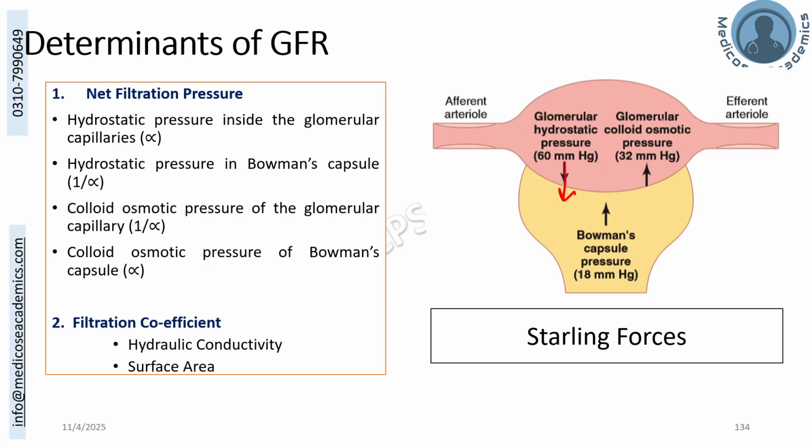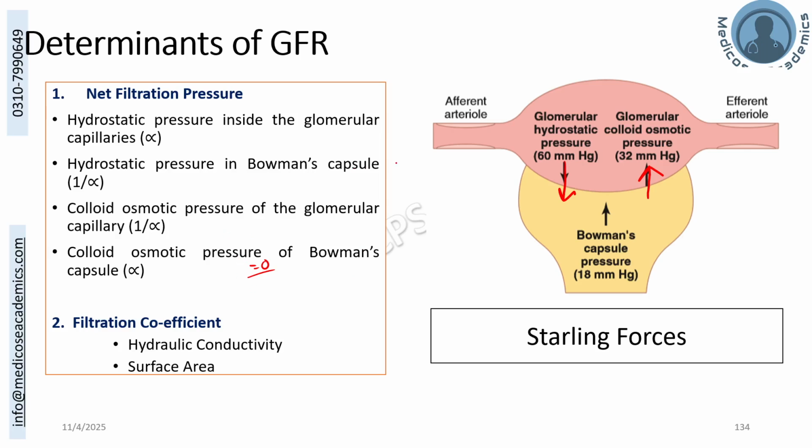Whereas the more the glomerular colloidosmotic pressure, the more it favors reabsorption, or you can say it inhibits filtration. In Bowman's capsule, normally the colloidosmotic pressure should be equal to 0. But if proteins are filtered into the Bowman's capsule, this is going to pull the fluid out of the capillary and increase the filtration.